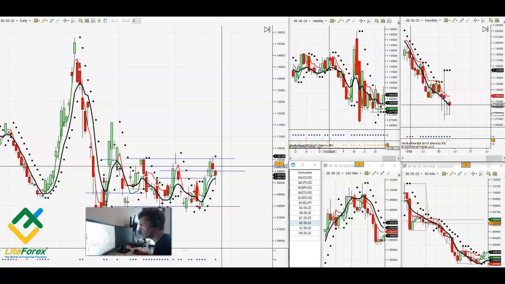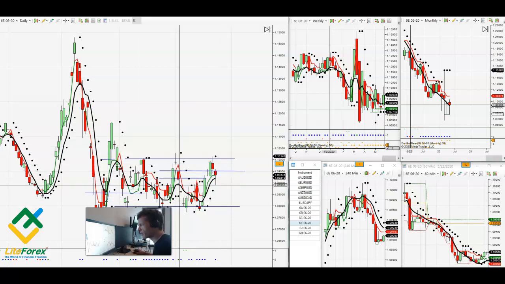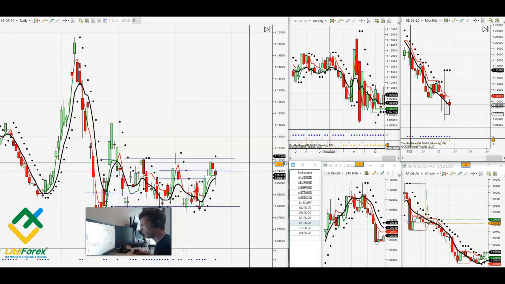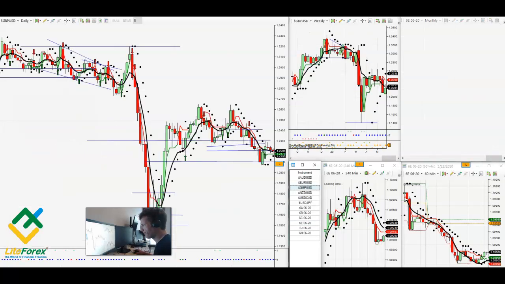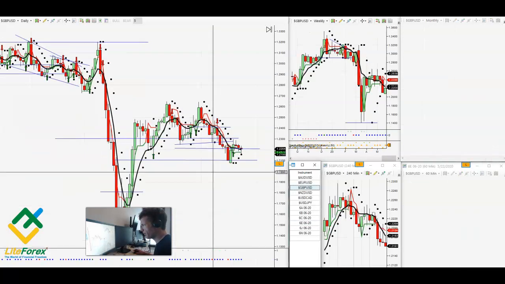So look for that to break out on Monday, and then if we get that breakout set up, then I'm going to be confident that this is going to go on a run. But while we're in this range, we really have to wait for the setup to happen. It's all about patience. Patience and waiting for the setup to happen.